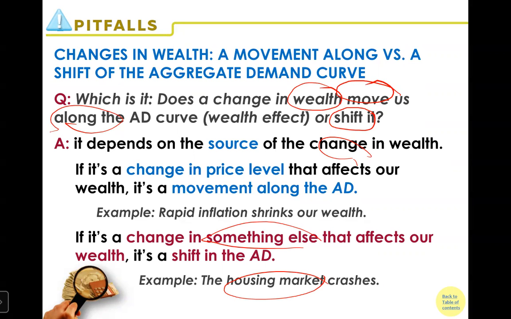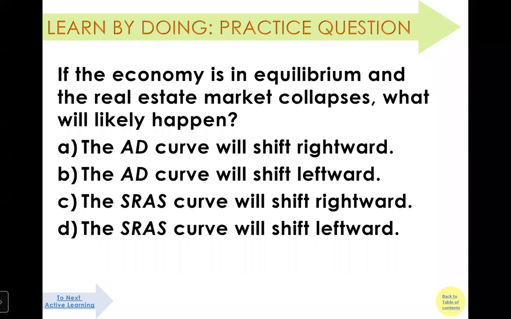Let me wrap up this part by showing you a practice question. If the economy is in equilibrium and the real estate market collapses, what will likely happen? Step one, this is going to affect aggregate demand.